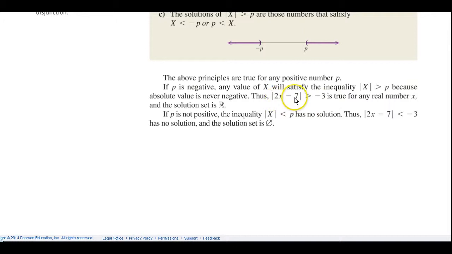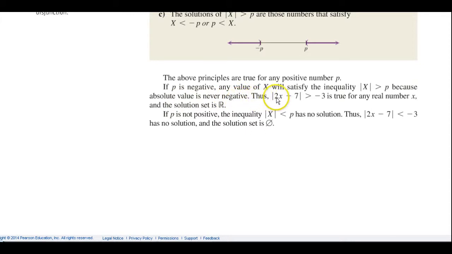Oh, and by the way, let's say the above principles are true for any positive number p. If p is negative, any value of x will satisfy the inequality, because absolute value is never negative.